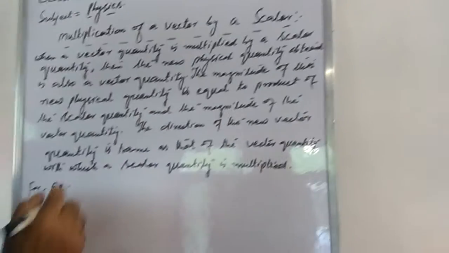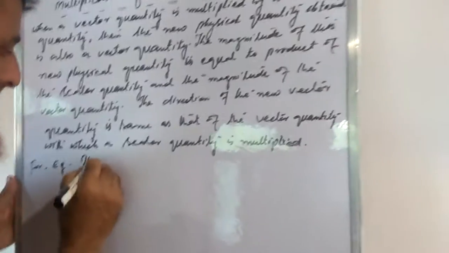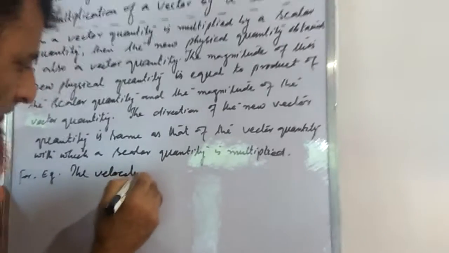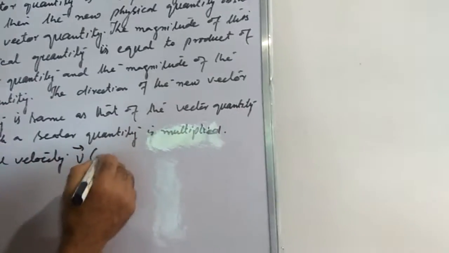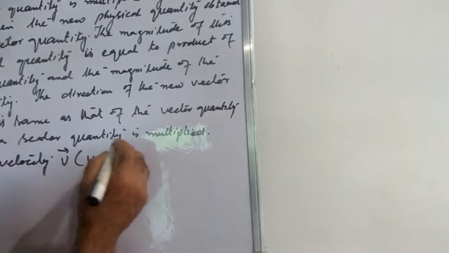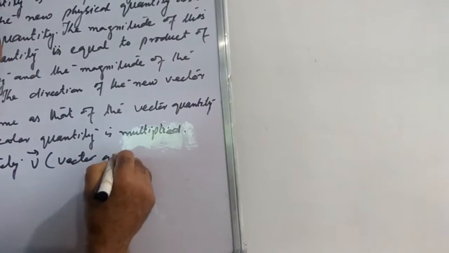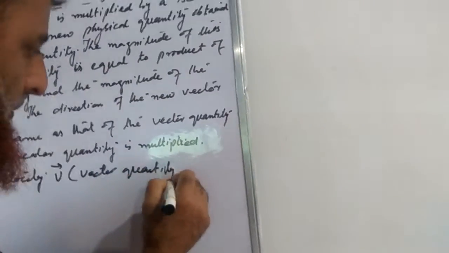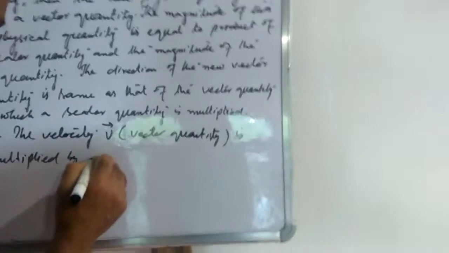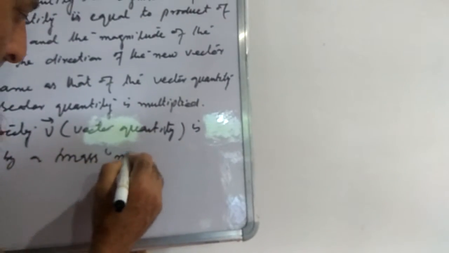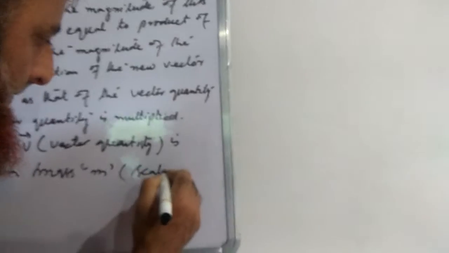For example, the velocity v, which is a vector quantity, is multiplied by mass m, which is a scalar quantity.